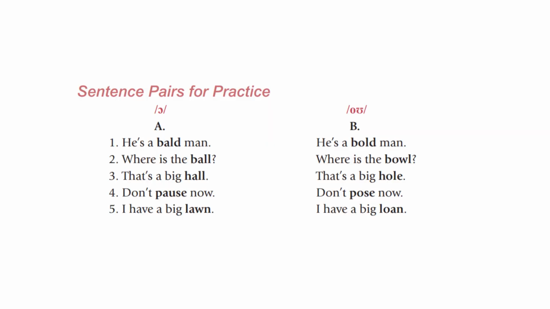Sentence pairs for practice for ah and O. The following pairs of sentences are the same, except the first one has a word with an ah sound and the second one has a word with an O. He's a bald man. He's a bold man. Where's the ball?